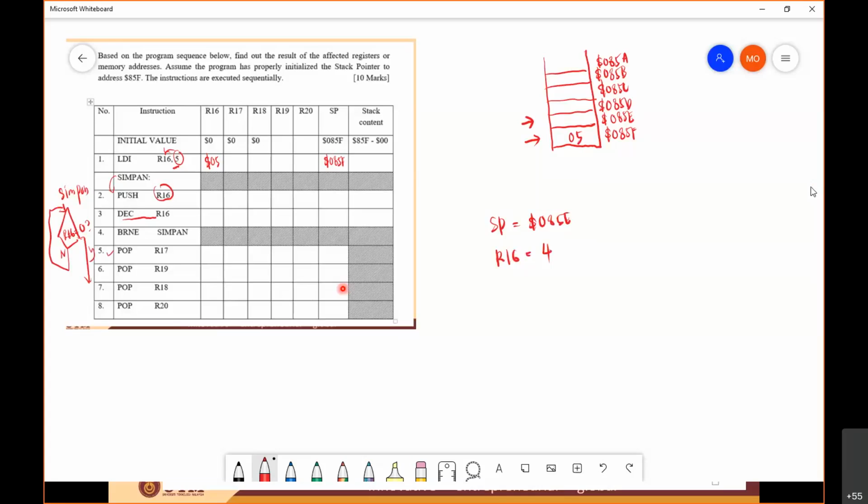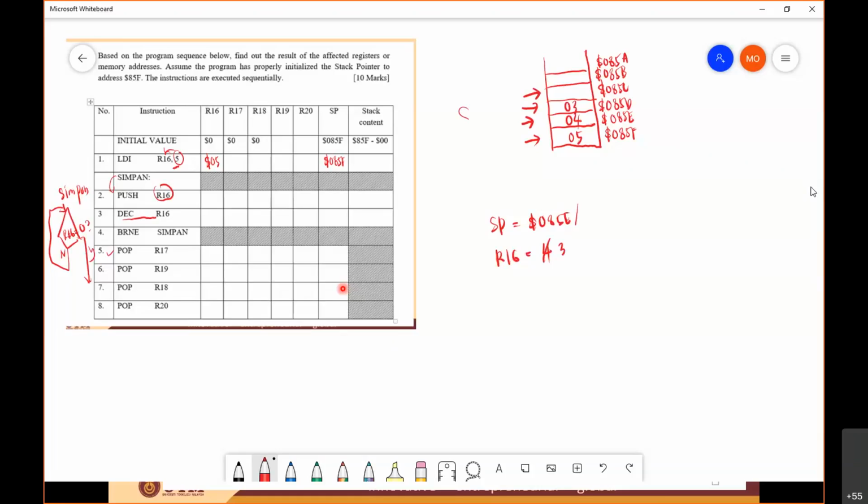Push again your R16. The R16 value now is 4, because you already decreased it. So 04 is put to your stack, and your stack pointer is decremented by 1, so the stack pointer points to address 085D. Decrement R16, so R16 becomes 3, not equal to 0, go back to simpan, push again, so 03 will be stored to this address, and the stack pointer is decremented by 1.